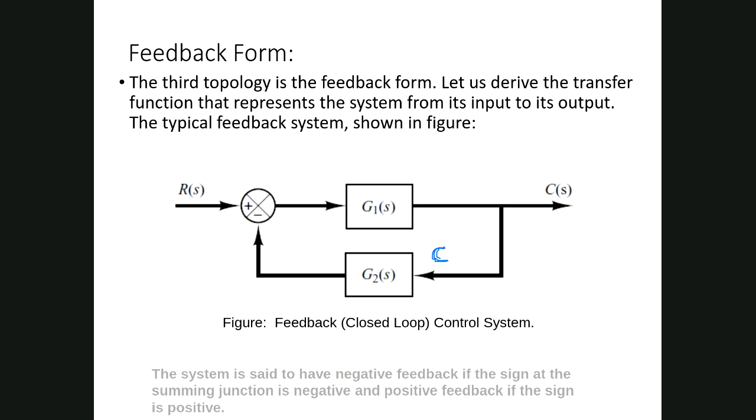That means at this point we will have G2 times C. And then here we have R going in. That means at this point we'll have R minus G2 times C.